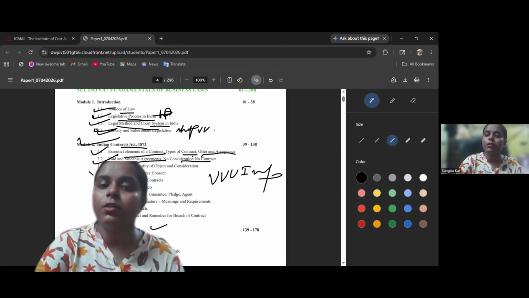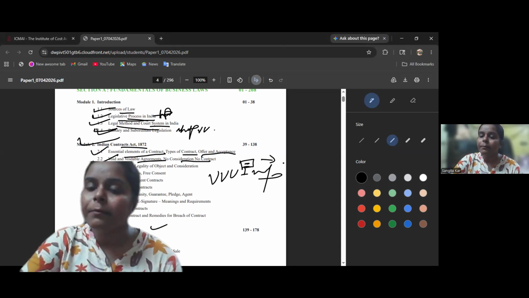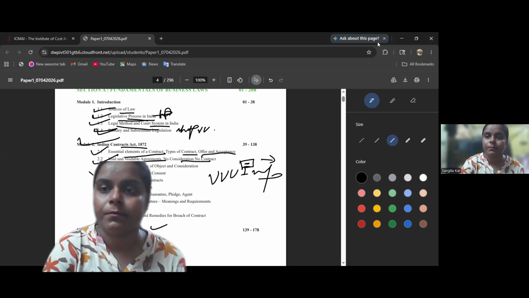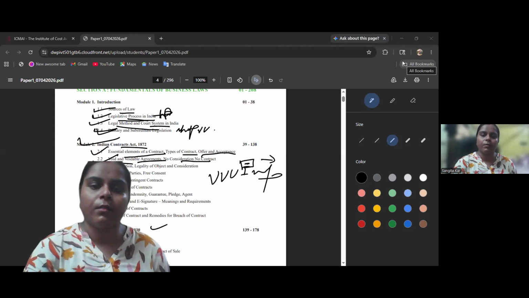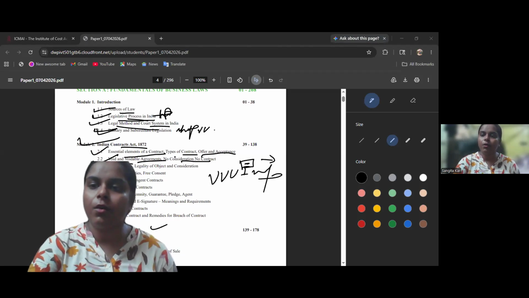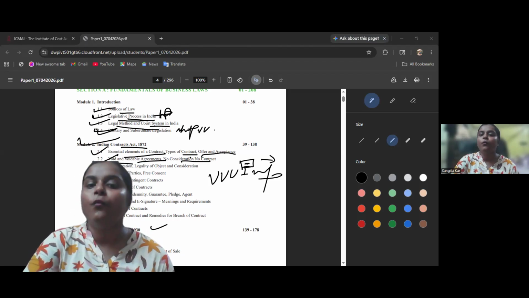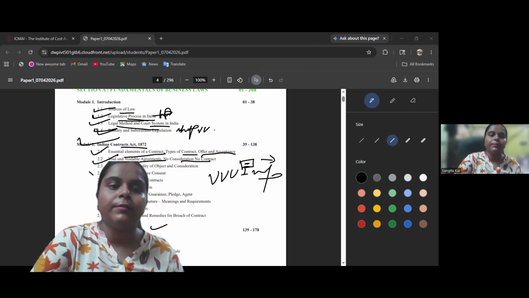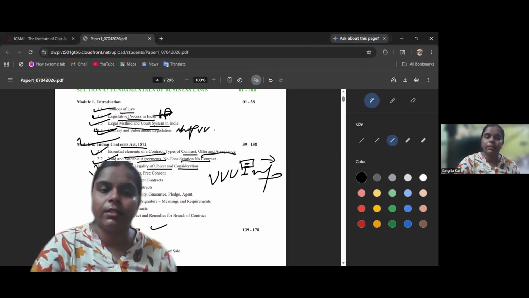And no consideration, no contract: where there is no exchange of money, there will be no contract. Without consideration, that is not a contract. Then consideration and legality of object.